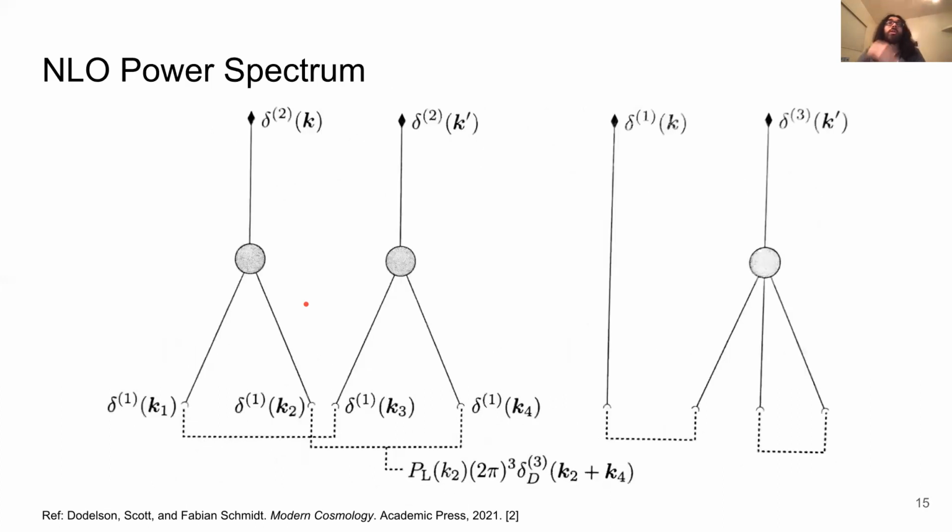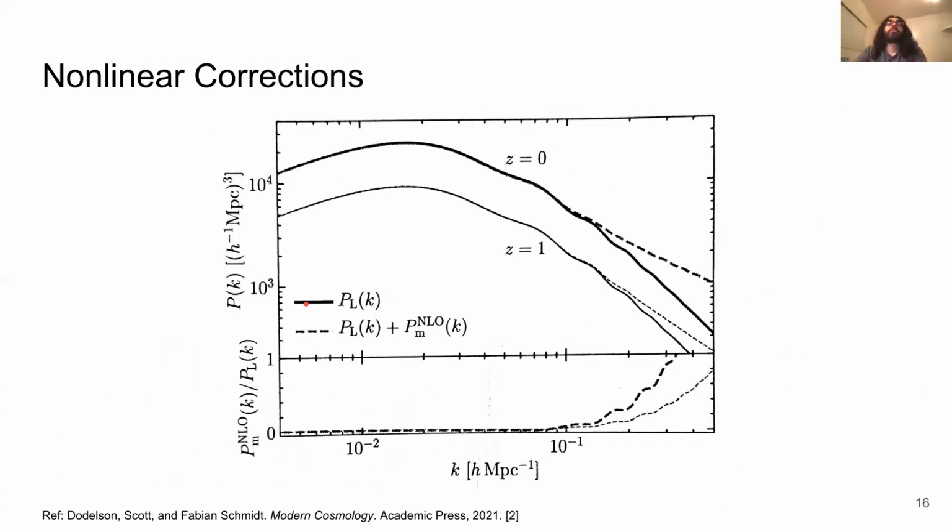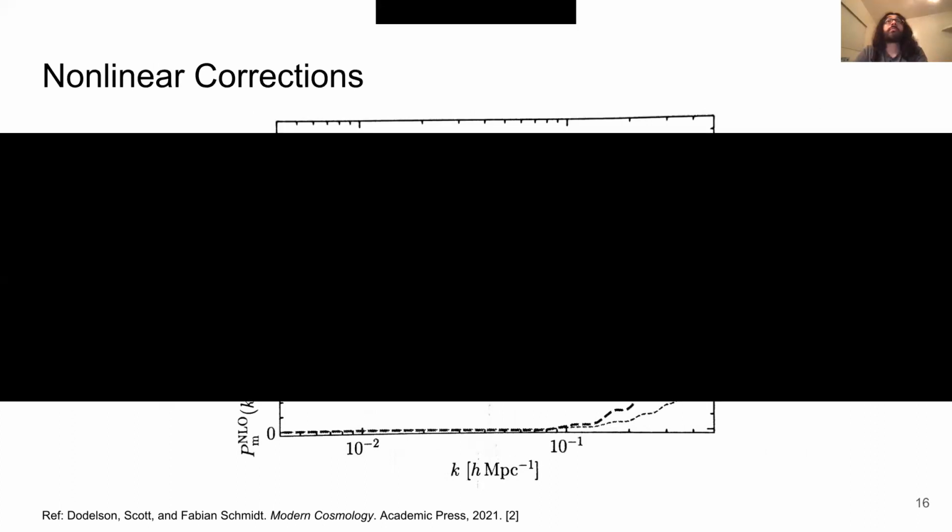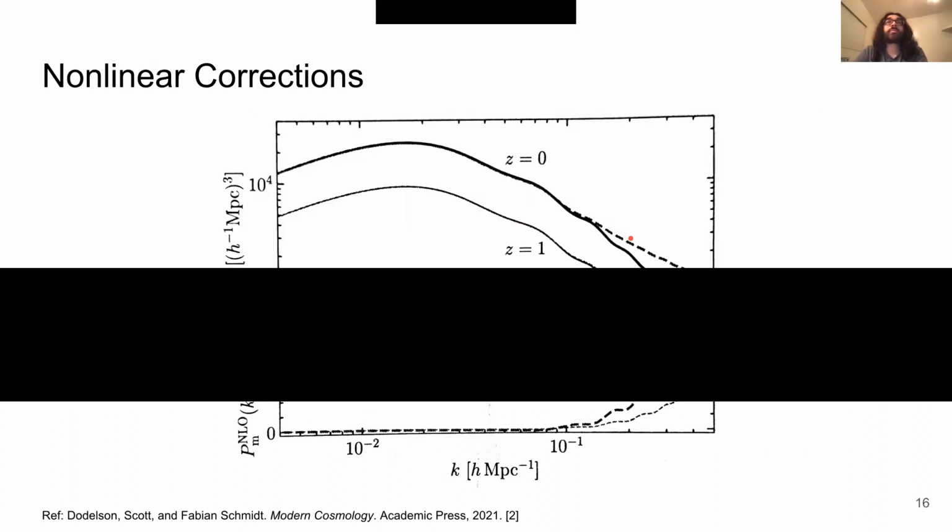Okay, so here we can actually see the effect of these nonlinear corrections. At z equals 0, we have the solid line here being the linear power spectrum and the dashed line being the nonlinear power spectrum. And we see that they start to diverge at a k of about 0.09 h per megaparsec.